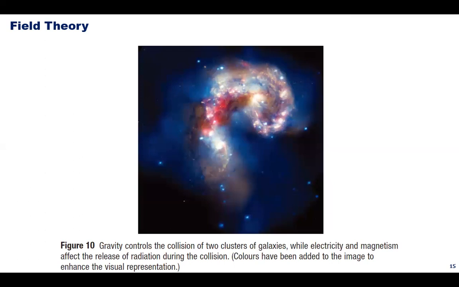The electric and magnetic fields have a stronger effect on the motion of subatomic particles, such as protons and electrons, but the gravitational field has a stronger effect on large objects, such as planets, galaxies, and clusters of galaxies, which is shown here in figure 10. So in summary, the field theory is just a scientific model that describes forces in terms of entities that exist at every point in space, right?